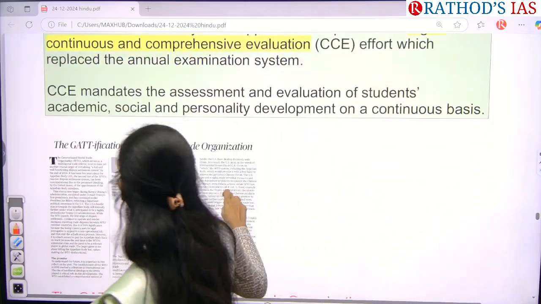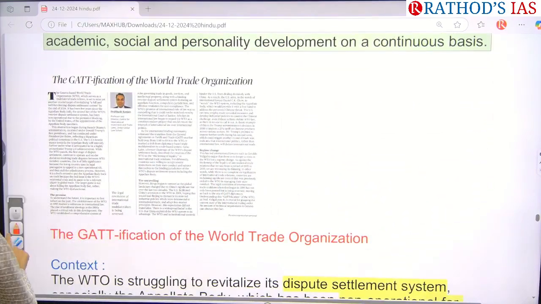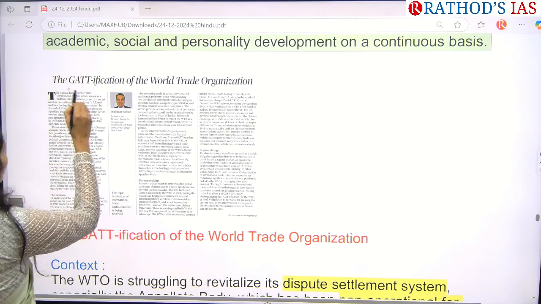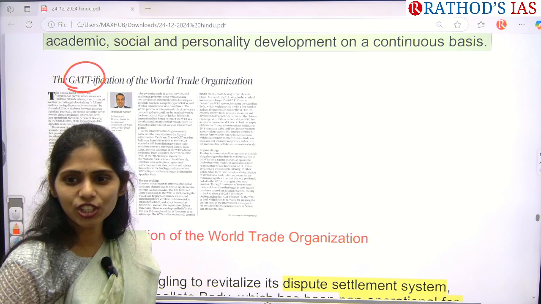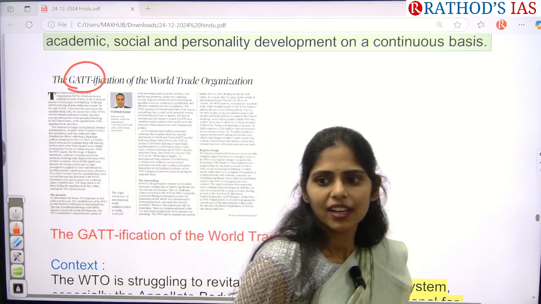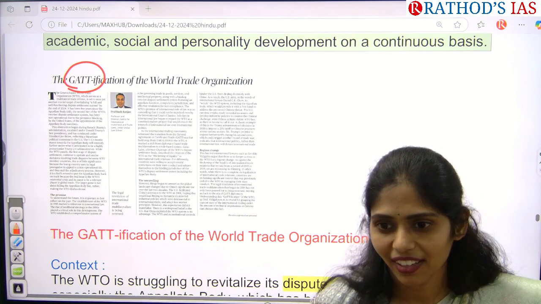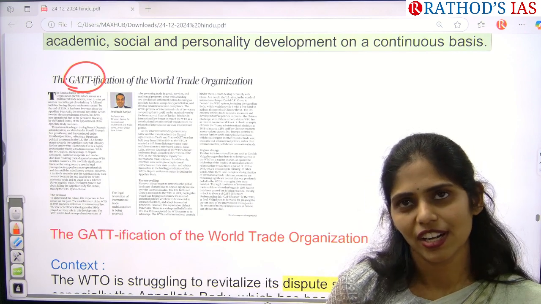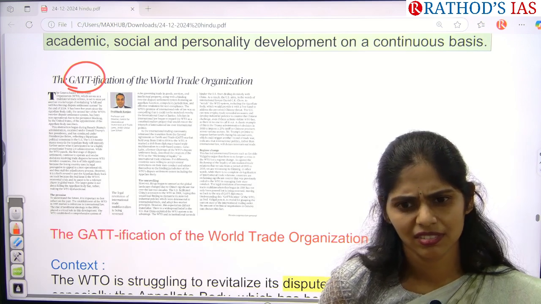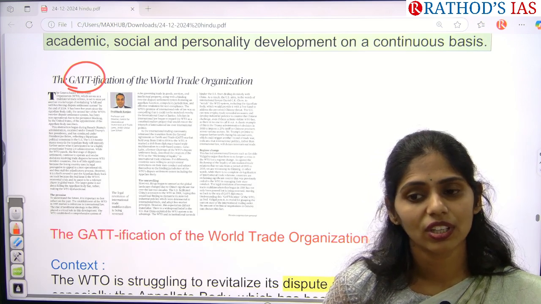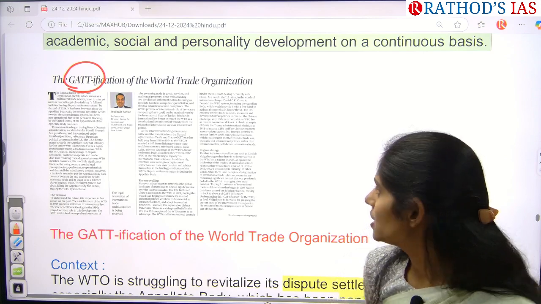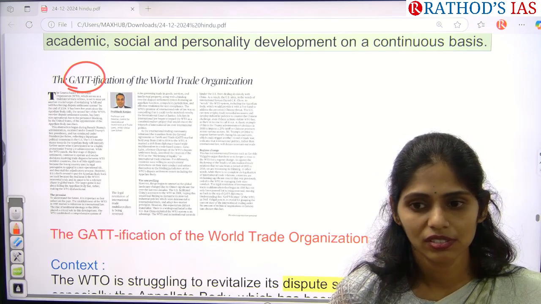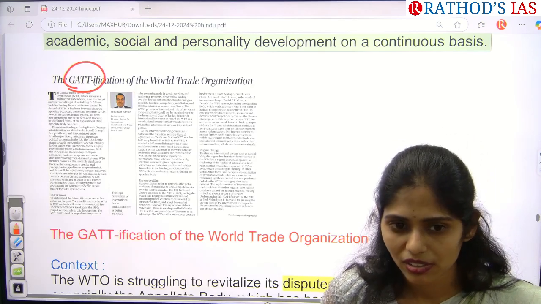Okay, see this article, the GATTification of the World Trade Organization. So what is this GATT? Have you heard of this anywhere in your economy studies? General agreements regarding... Okay, so exactly what is GATT? Is it related to WTO? So what is this WTO?